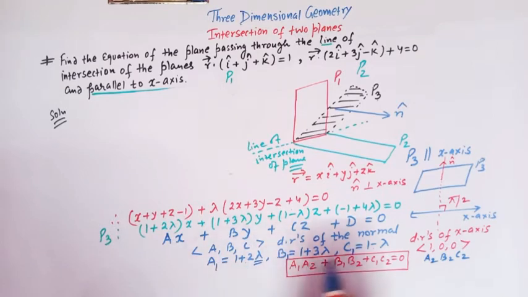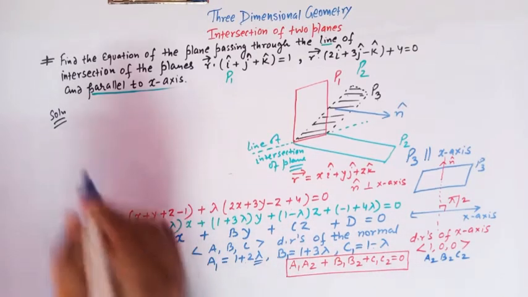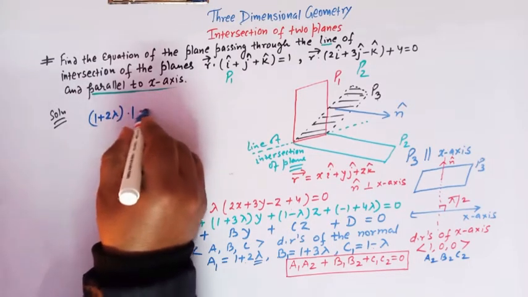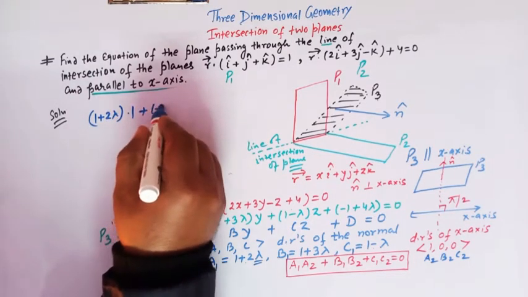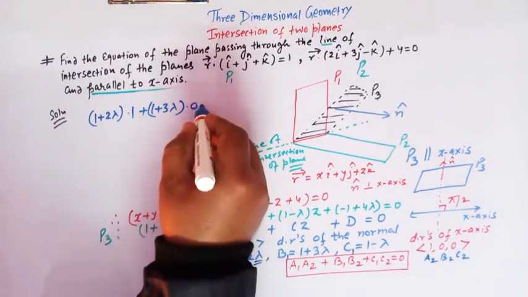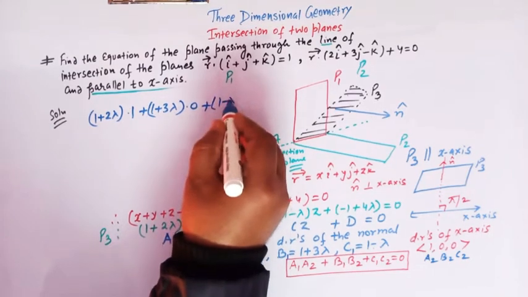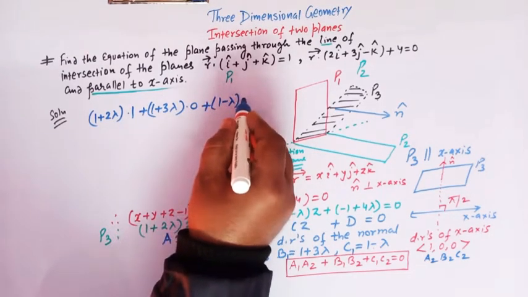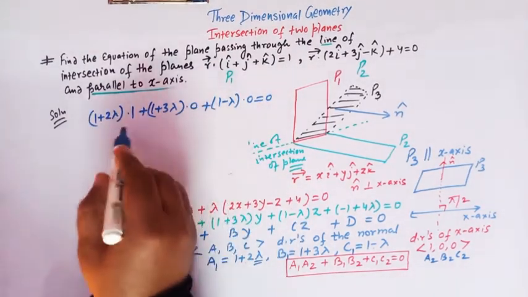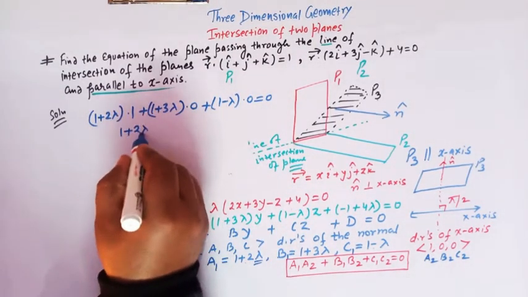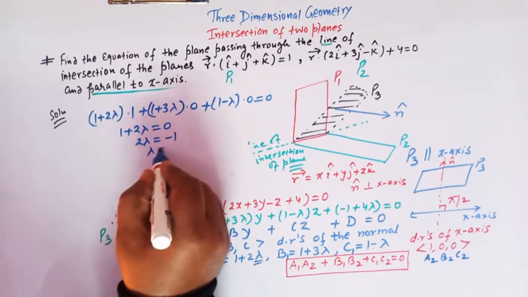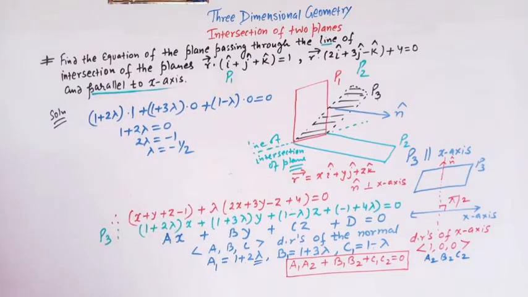So let us substitute these values over here. So we have 1 plus 2 lambda times 1 plus 1 plus 3 lambda times 0, and then we have 1 minus lambda times 0 is equal to 0, right? So from this equation we have simply 1 plus 2 lambda is equal to 0. So 2 lambda is minus 1, so lambda is equal to minus half, right?